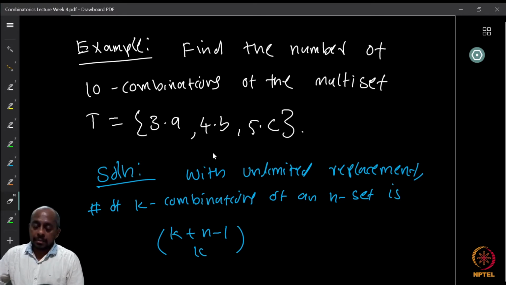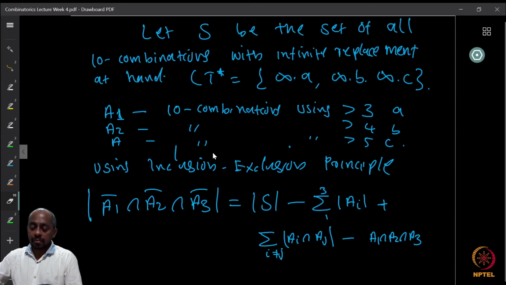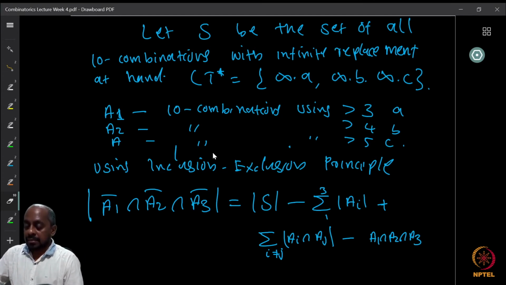As you might have guessed, we can try to use the principle of inclusion and exclusion to deal with this question. So how do you do that? First we look at S as the set of all 10-combinations where infinite replacement is available. Let us denote by T star the multi-set where copies of A, B, and C are available as many as we want.